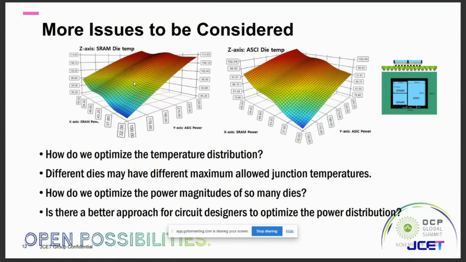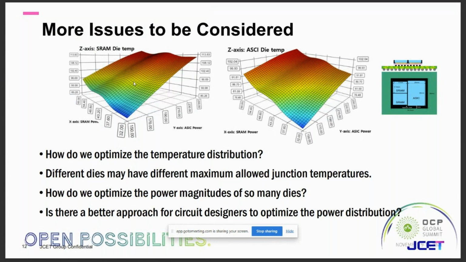The right image shows the same, but the Z axis is the ASIC die temperature. With these two images, we can determine the maximum temperature of the SRAM and the ASIC die.